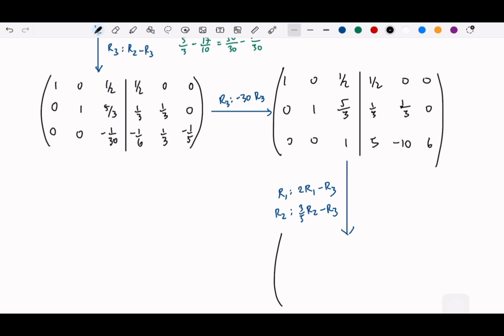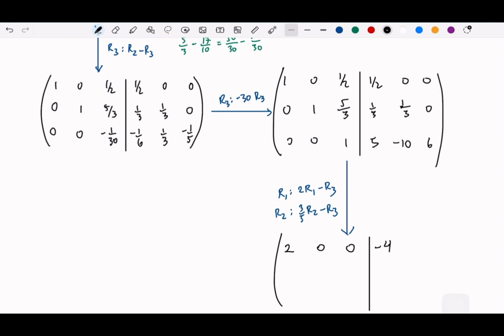So R1 becomes 2, 0, and then 1 minus 1 is 0. This will be 1. 2R1, oh wait, wrong. 2R1 minus R3. So 1 minus 5, negative 4.